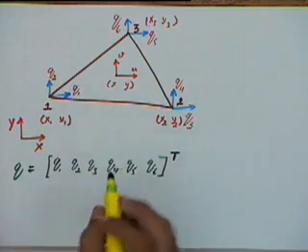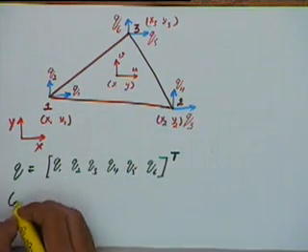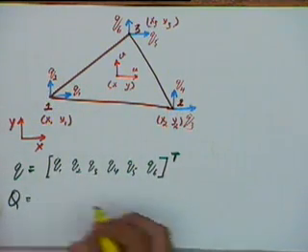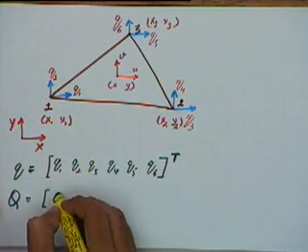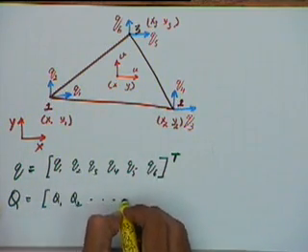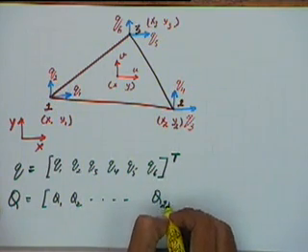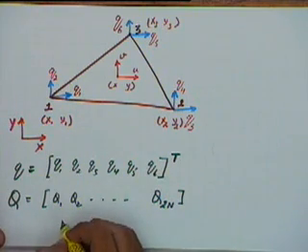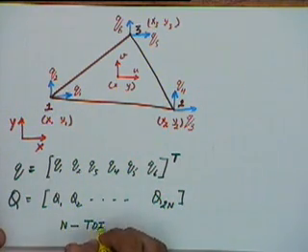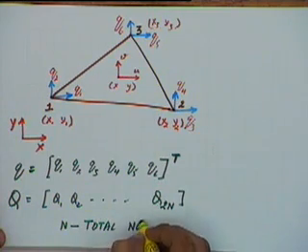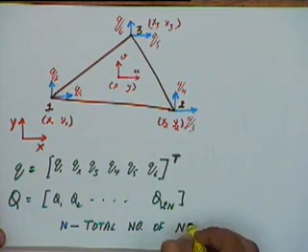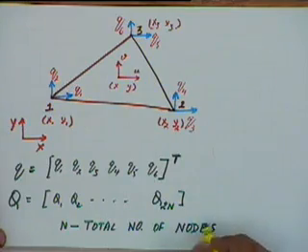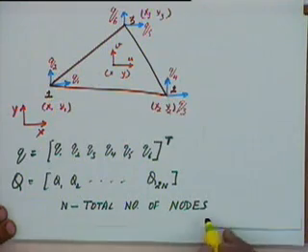And later on when we talk of the global vector, we will define a global vector Q, which will be like this, which will consist of, let us say, Q1, Q2 till Q2n, where n is the total number of nodes.